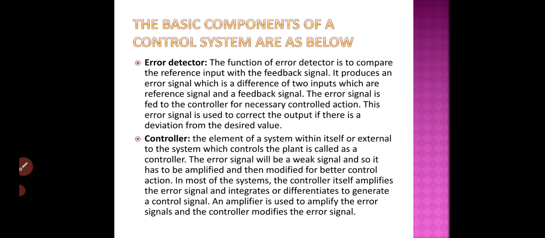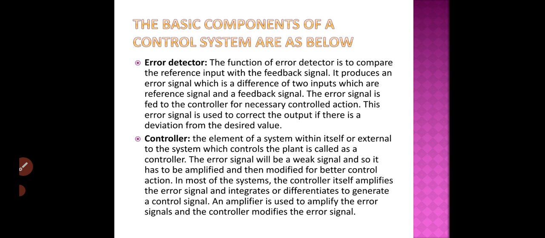It produces an error signal, which is the difference of two inputs, the reference signal and the feedback signal. The error signal is fed to the controller for necessary control action. This error signal is used to correct the output if there is a deviation from the desired value, for obtaining the desired value.